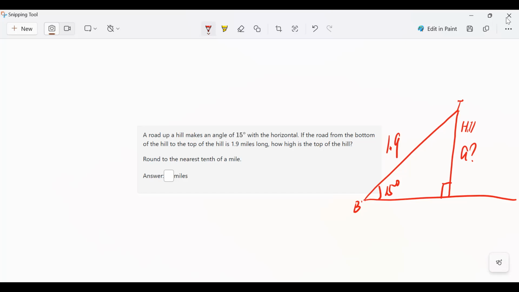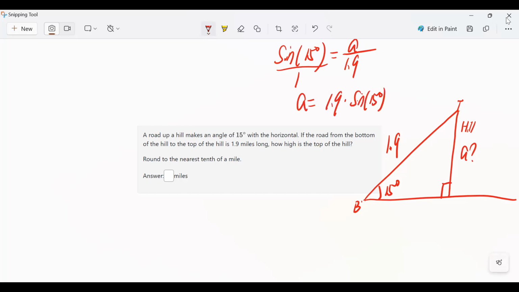We can set up sine 15 degrees equal to A over C. C is 1.9 miles. Cross multiplying, A equals 1.9 times sine 15 degrees. We get the result from the calculator, 1.9 times sine 15.